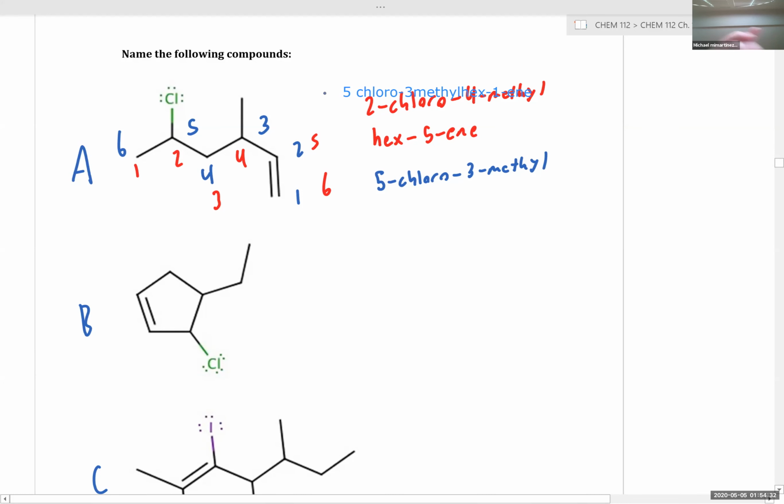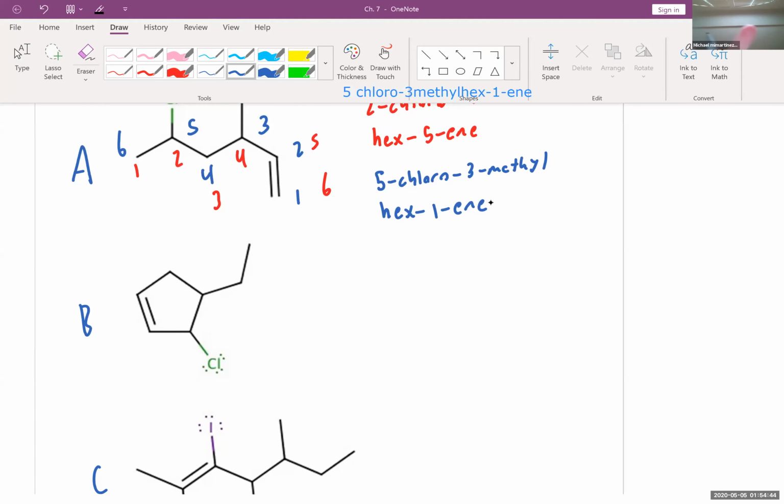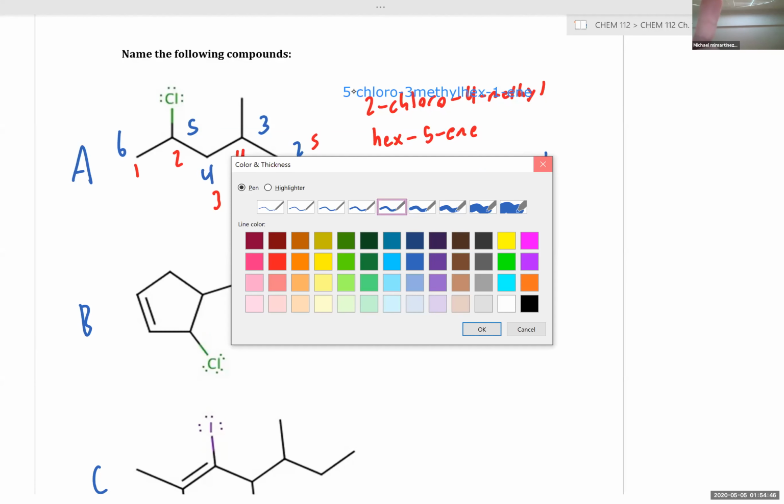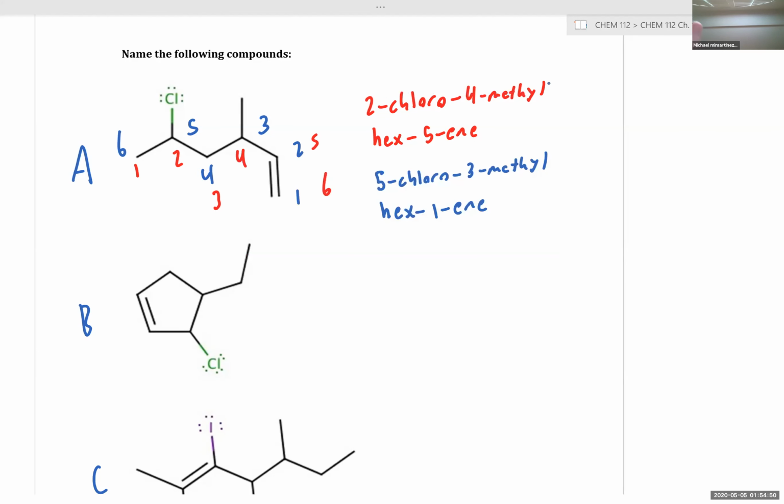Yep, that proposed response is correct. Let me just clear annotations. Give me one moment. Yes, that response is perfectly correct.